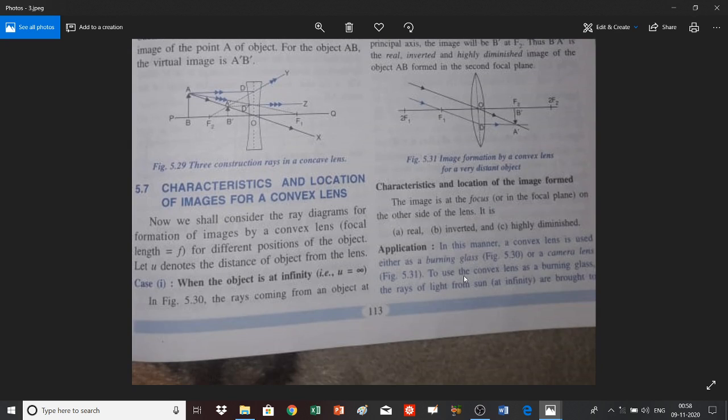Applications, there are some applications in this manner. A convex lens is used as either a burning glass or a camera lens. So if you use a convex lens and sunlight falls on the lens, since it is a converging lens, the sunlight rays coming out from the sun are parallel rays, and they will meet at a certain point, that is the focal point.